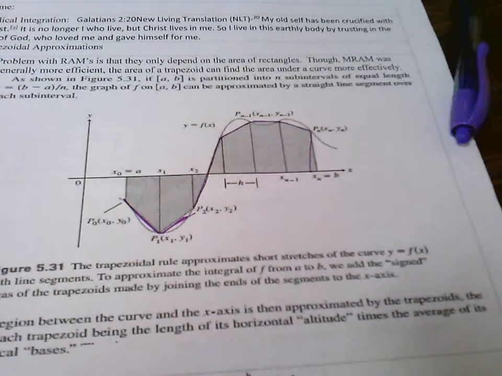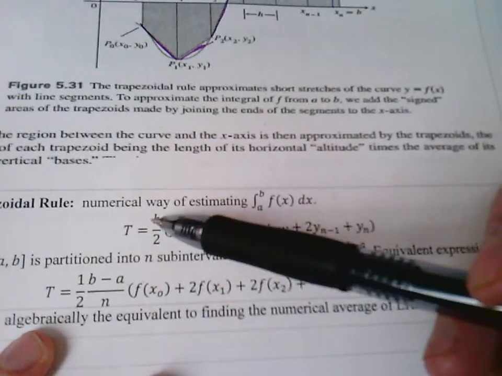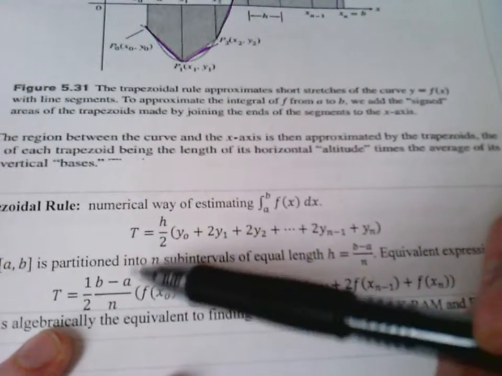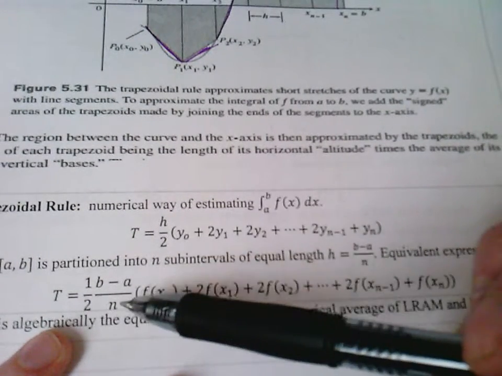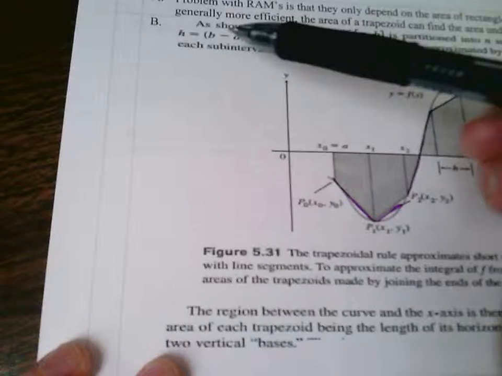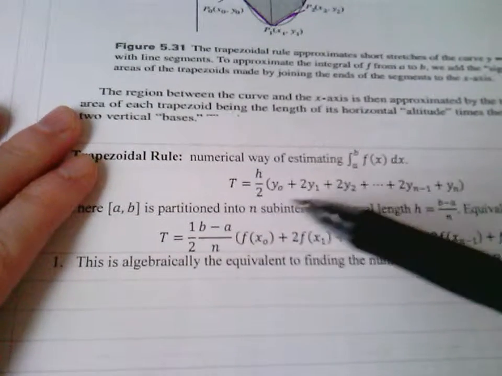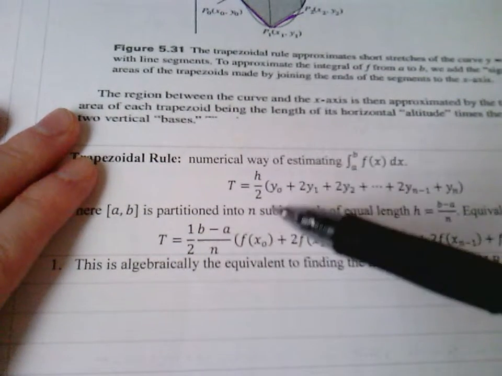So here's the trapezoidal rule down here. Okay? So you've got h over 2. So this is kind of longer. So how I do this, I just put the 1/2 here, and h, if you can remember, is (b minus a) over n. So you're going to multiply that. You're just going to get the y value of the first one.